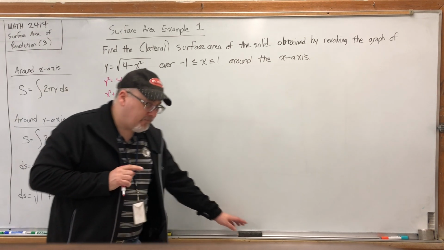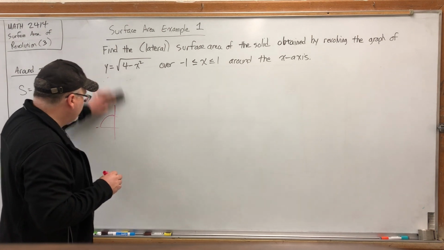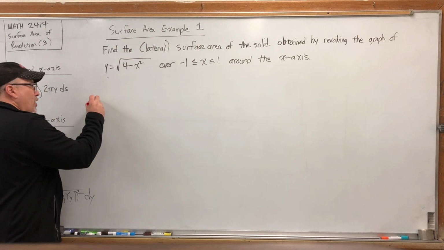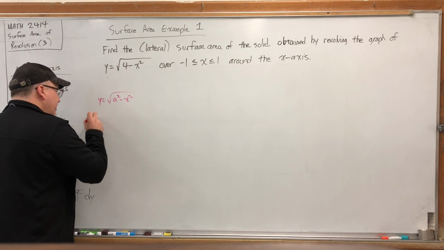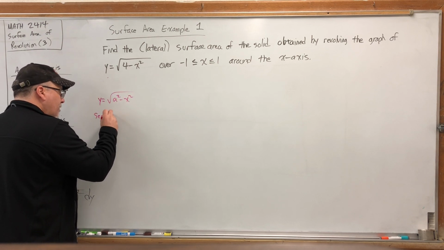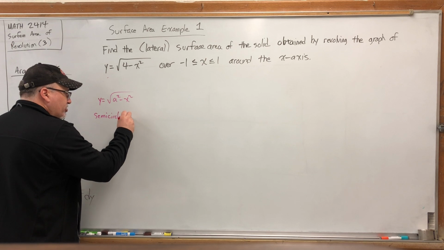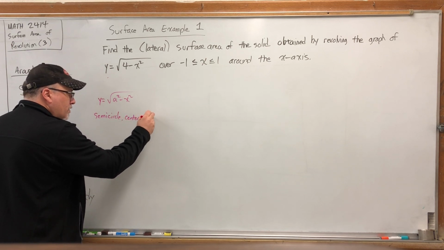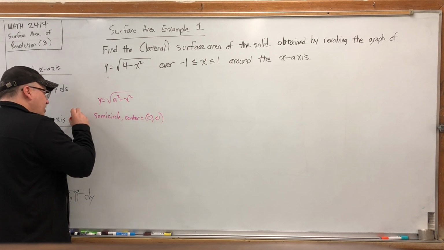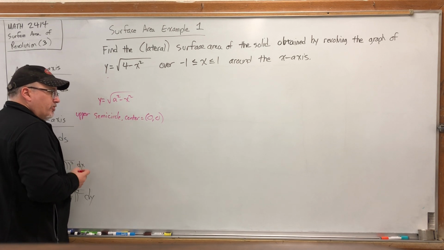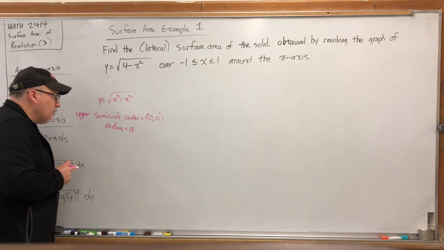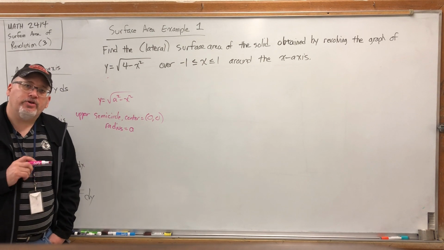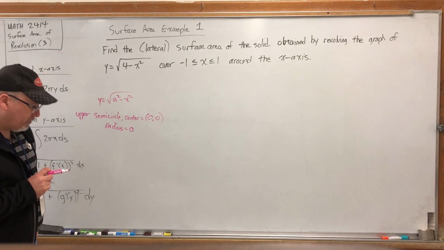But in general, what you need to know moving forward is that y equals the square root of a squared minus x squared is a semicircle, and I should say the upper semicircle, with the center at the origin and a radius of a. If you wanted the lower semicircle, you would just put a negative in front of the square root.